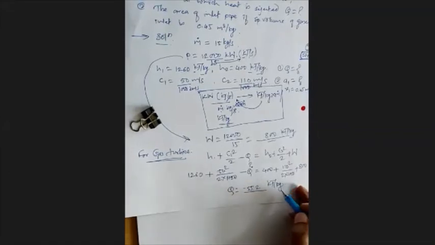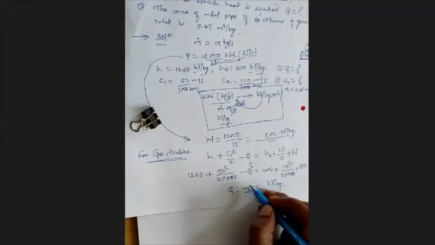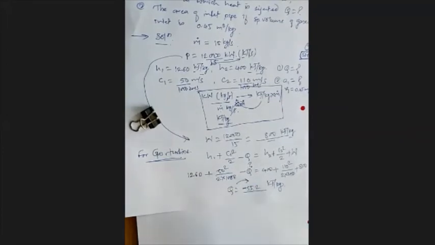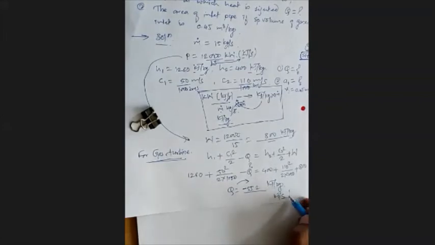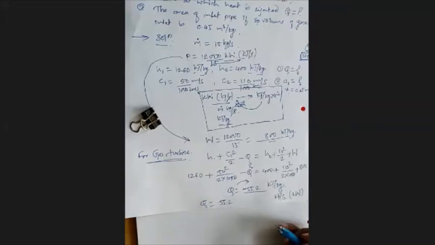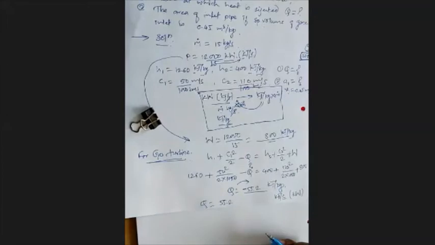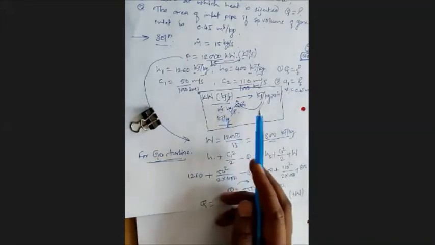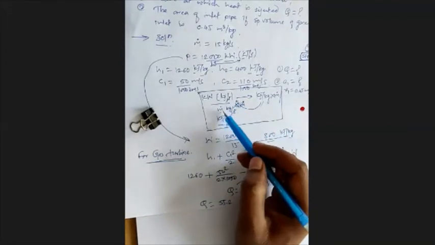-55.2 kilojoules per kg. Negative sign indicates that heat is going out of the system. Now this kilojoules per kg has to be converted into kilojoules per second or kilowatt. For that reverse conversion, what we did, we divided it by mass flow rate.